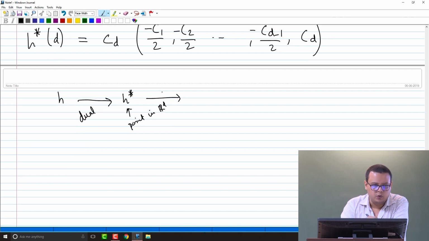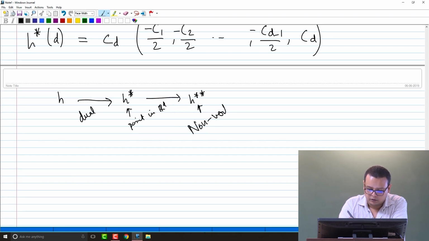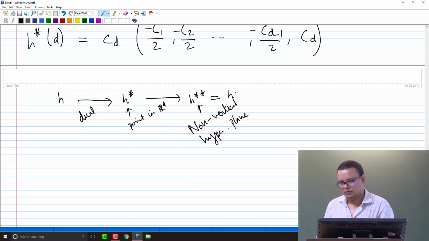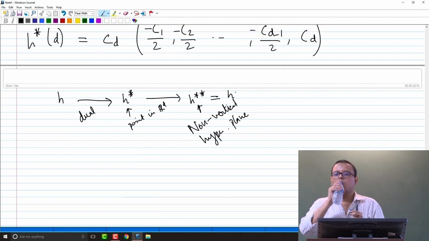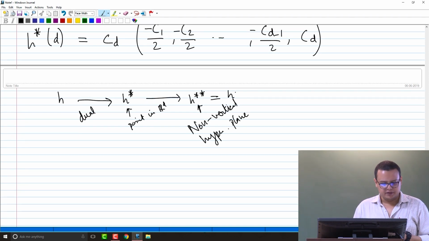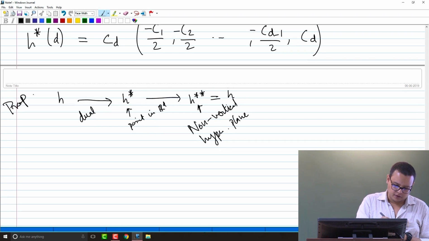I take the dual again, H star star, and again I will get a non-vertical hyperplane, but it has a nice property: H star star is nothing but H. Let me call this property one.